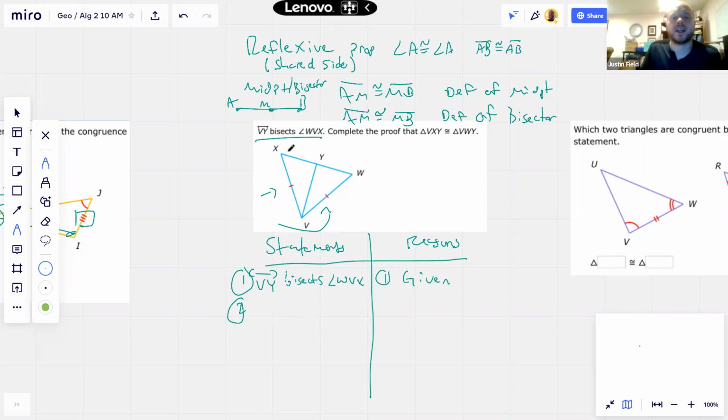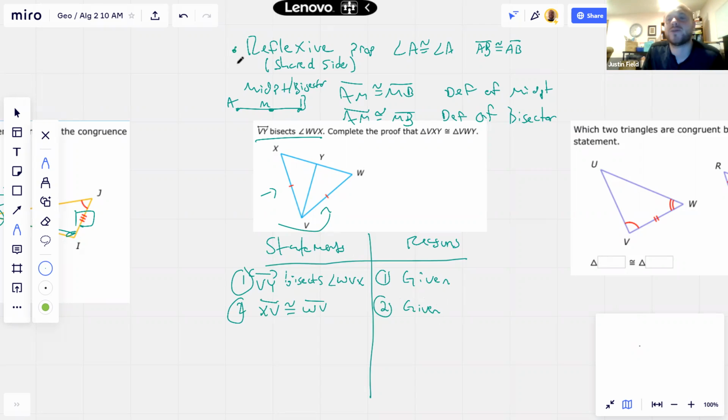Now, the second thing is also given: XV is congruent to WV. Given. Now we've got to use the old noodle. What other things do we see? Well, look at my little proof toolbox.